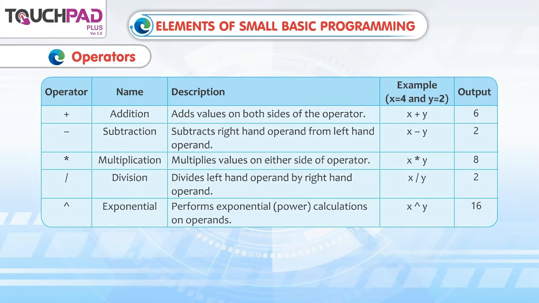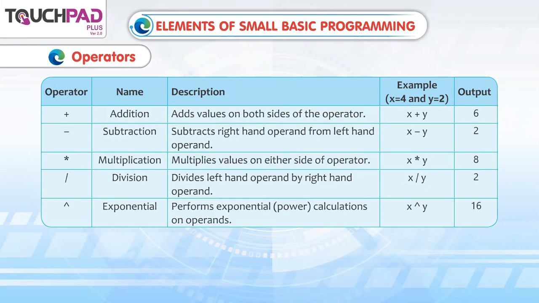Plus, addition, adds values on both sides of the operator. x + y, output 6. Minus, subtraction, subtracts right-hand operand from left-hand operand. x - y, output 2. Asterisk, multiplication, multiplies values on either side of the operator. x * y, output 8.